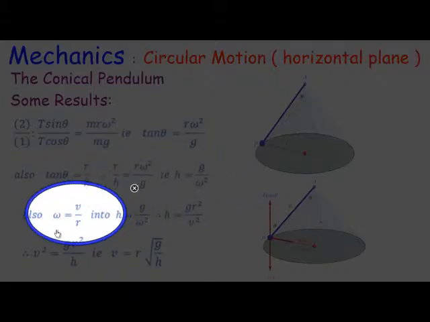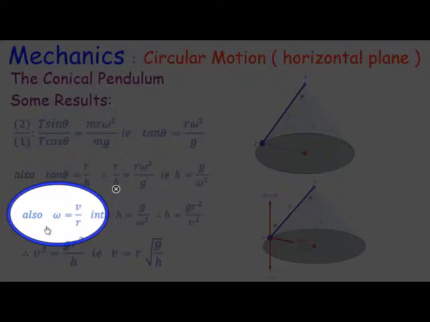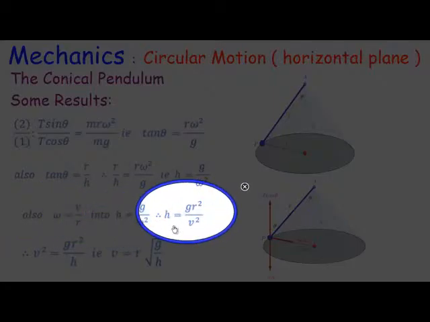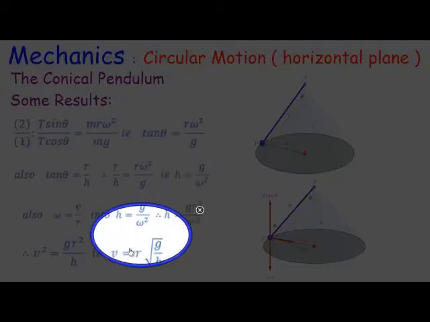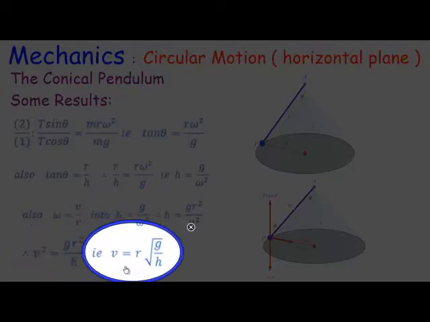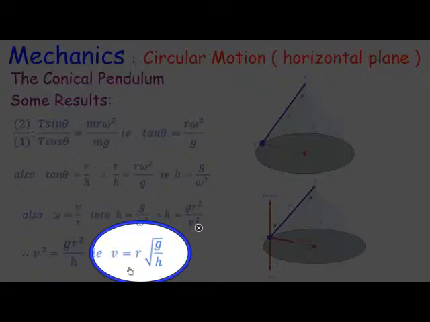And obviously with v equals r omega, or if you like omega equals v on r, you can get an expression for h over here, g r squared on v squared, and you get an expression for v also, eventually taking the square root, positive, assuming velocity is positive here. That's just a measure of speed when we're looking at the linear velocity. So v equals r times the square root of g over h.